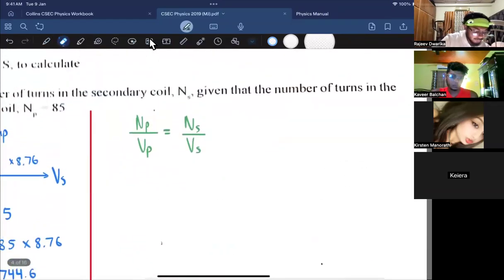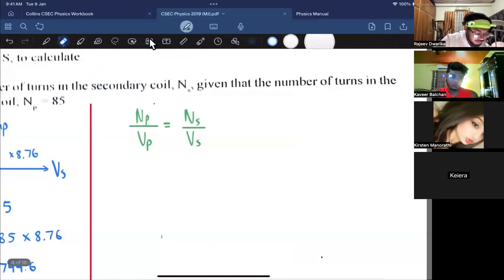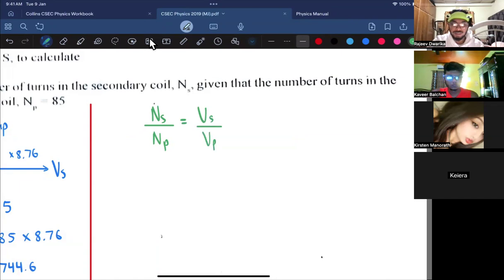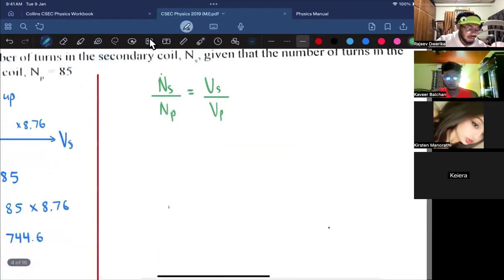So what we are saying is that the ratio of turns is equal to the ratio of voltage. Justin, that's what we're saying, right? Yeah, sure. Good.